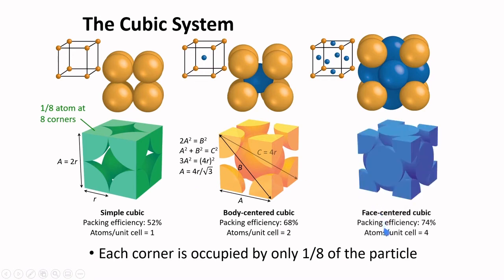Face-centered cubic has the highest packing efficiency of the three, around 74%. There are 4 atoms per unit cell. The 3 atoms come from the atoms on the side of each face, and the 4th atom comes from the combination of the 1/8 particles on each corner.